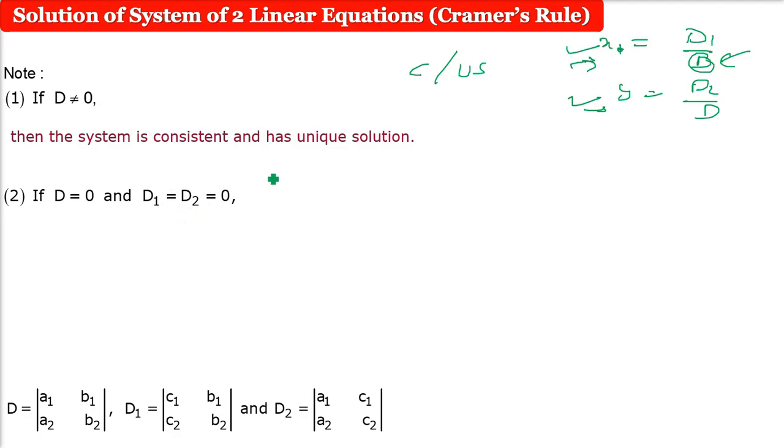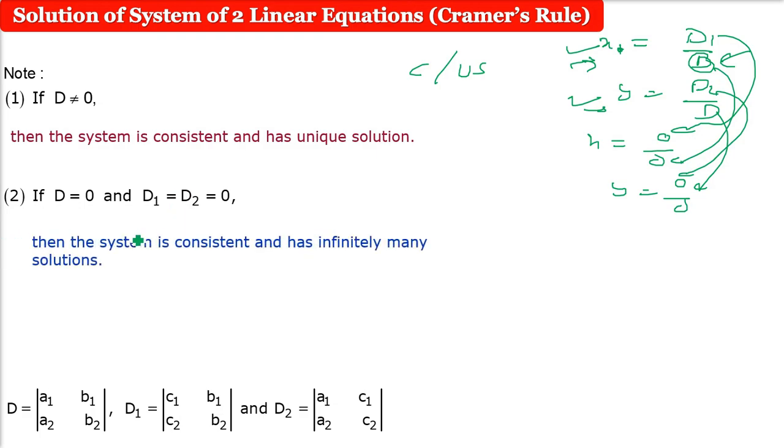But if d is 0 and d1 and d2 are also 0, that is 0 by 0 for x and y, the system still remains consistent but has infinitely many solutions. How?